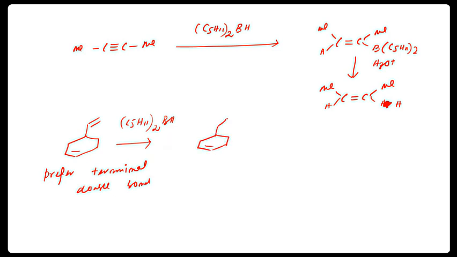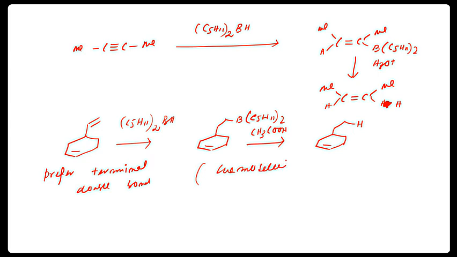So we have (C5H11)2B here. After this, just process it with CH3COOH, and it will be H. So this is chemoselective.